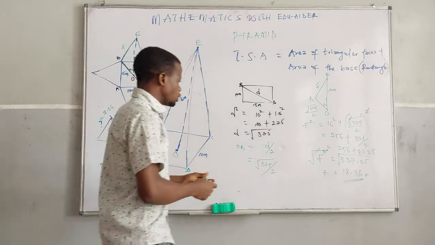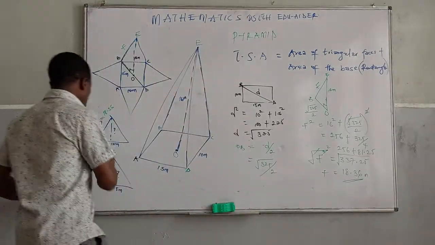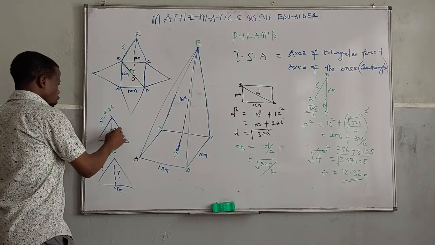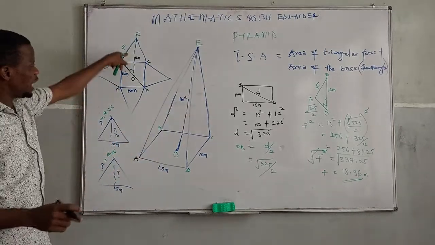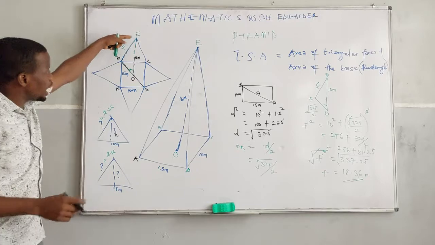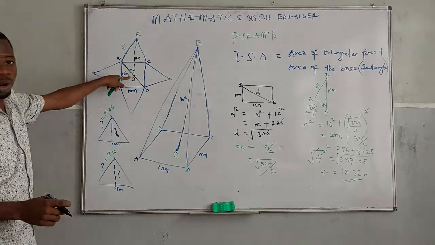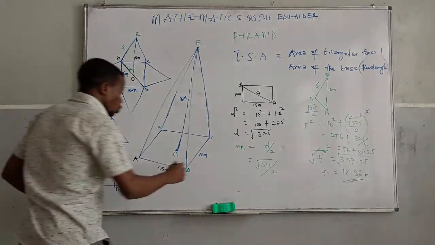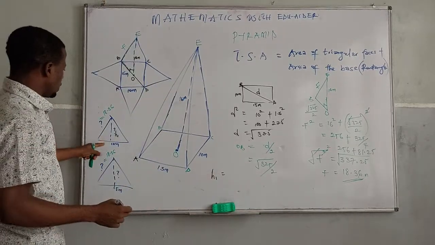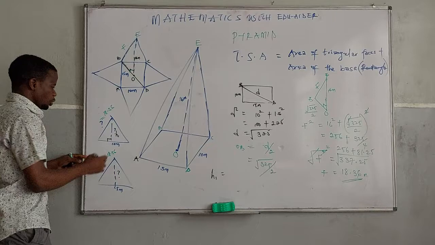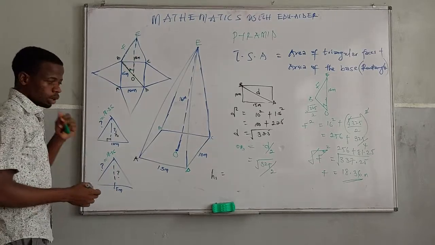So we can calculate the height of the triangle. Let me call this h prime. This one is going to be h. This one is called h prime. This one is the height of the triangle itself, not the height of the pyramid. So h prime, using Pythagoras theorem, will be d squared plus d squared, right?